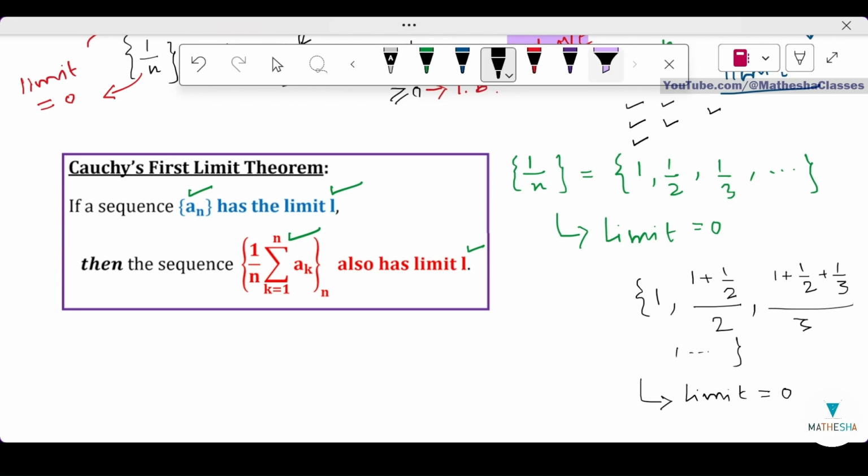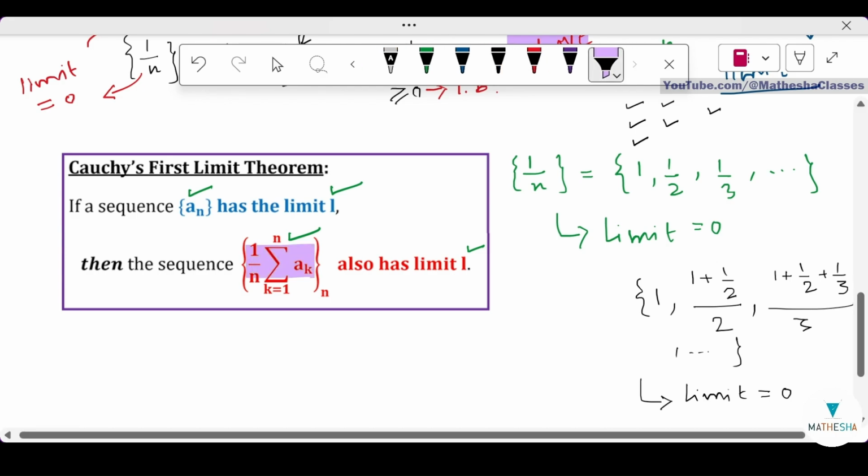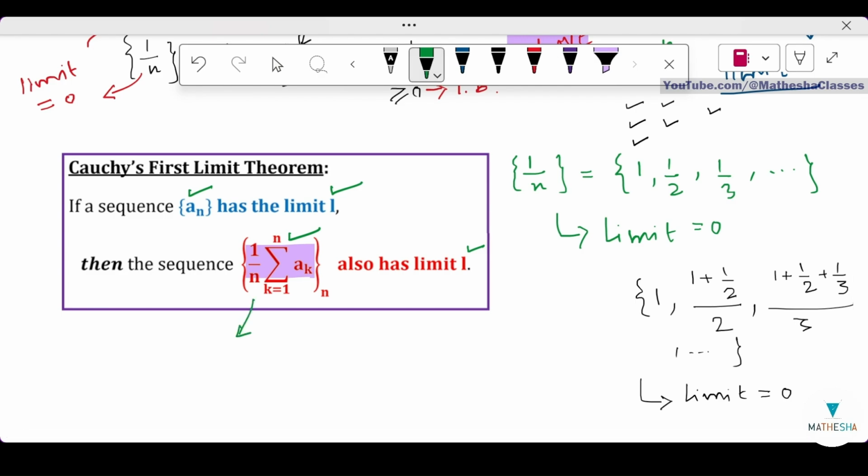तो ये नोटेशन को थोड़ा अच्छी तरह से समझते हैं. इसका मतलब क्या है? ये नोटेशन का मतलब है कि nth टर्म is 1 by n times (a1 plus a2 up to an).